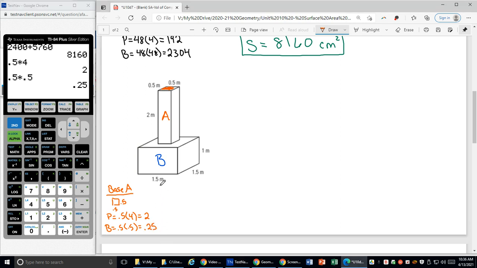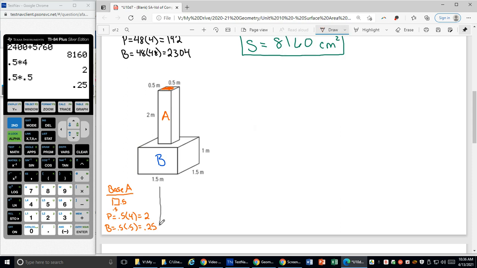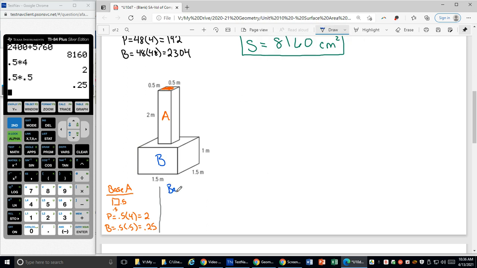Okay, so next I'm going to look at base B. Prism B has a base that's also a square, it's just bigger, right? So it's 1.5 by 1.5.